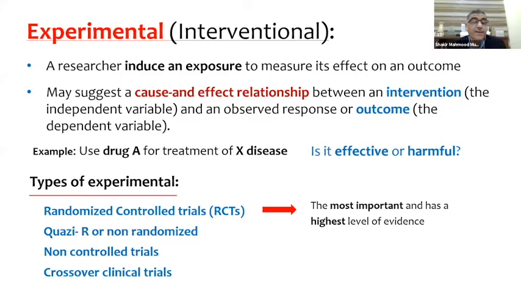Crossover clinical trials are common in recent times: we take the same group and give drug A to part of them and drug B to another part and follow them for, for example, 6 months, then switch over. Those who were receiving drug A will have drug B and vice versa.